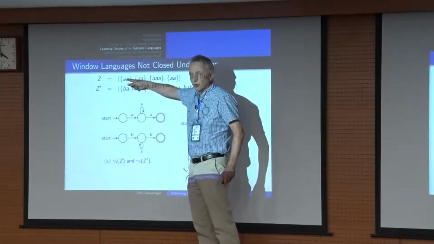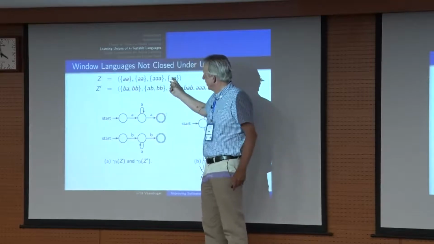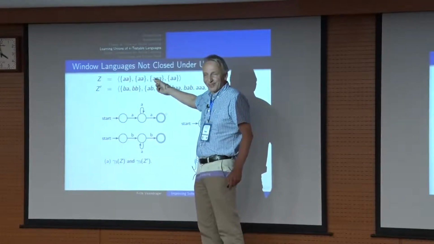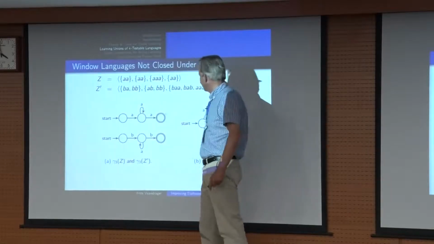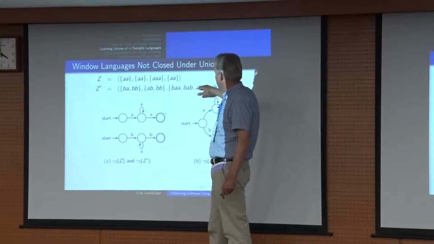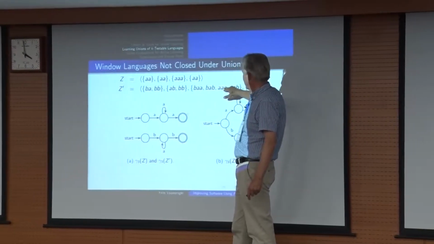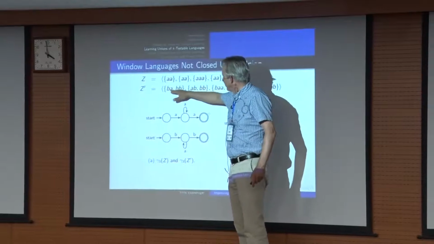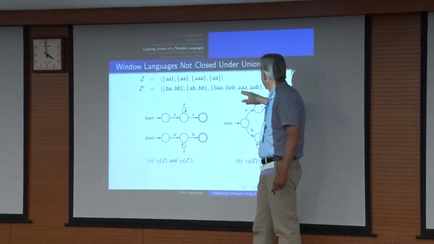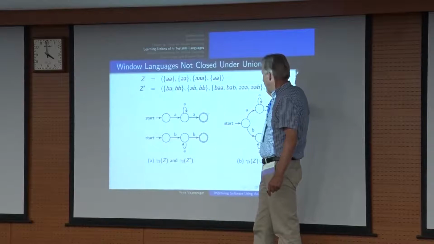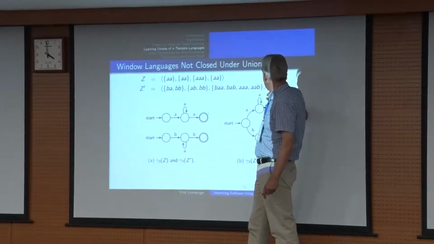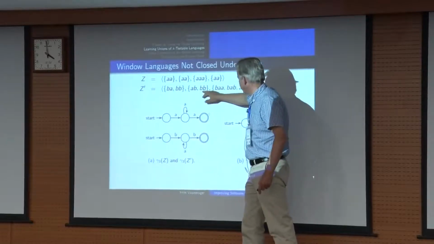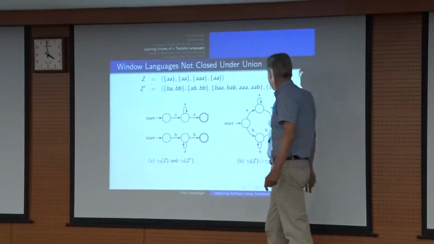It has all the words that begin with AA, end with AA, and in between you have 3A, so this is a very A-like language. It looks like this. And then the other language is a bit more complicated. It begins with BA or BB, but it should end with BB. And the short segments are BB. It should end with either AB or BB. Okay, that corresponds to this automaton.